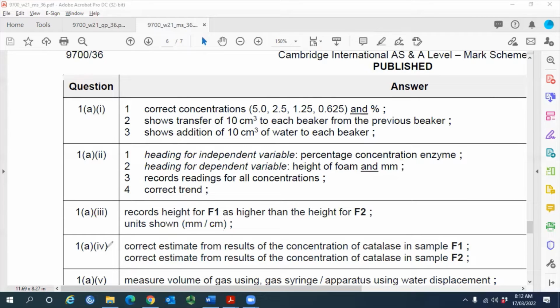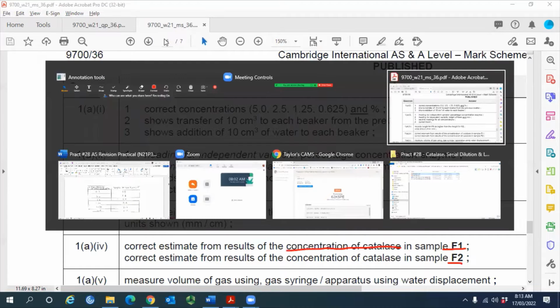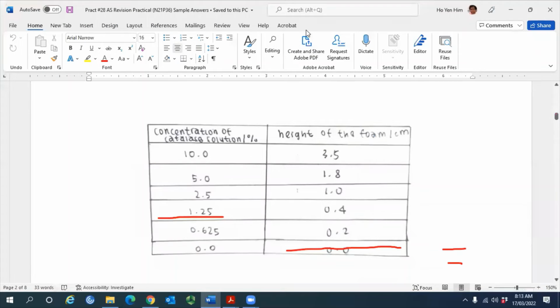The next question is you need to estimate, based on the height of the foam, the concentration of catalase in both F1 and F2. So this one, the examiner will look at your table, at your reading for F1 and F2, and then go to that table I've shown you just now to read off which one is the closest and matches with this one here.